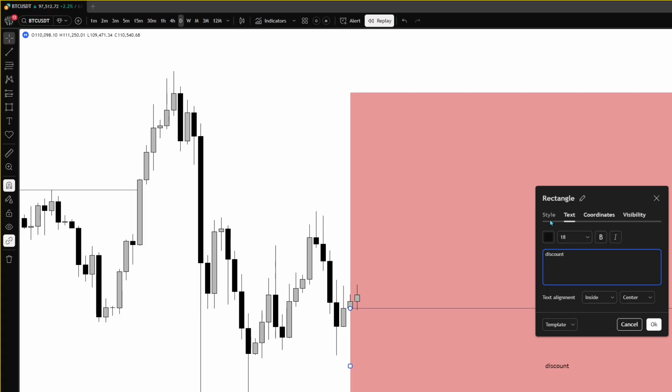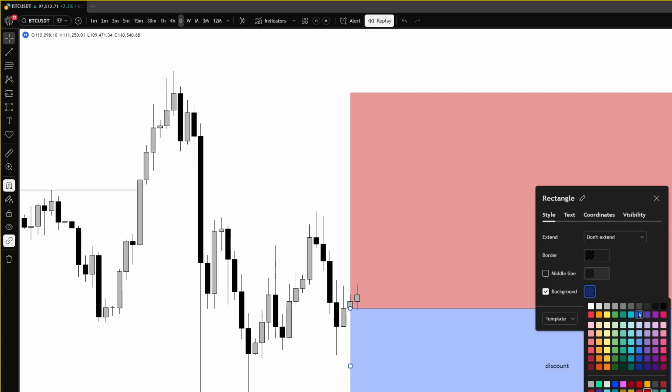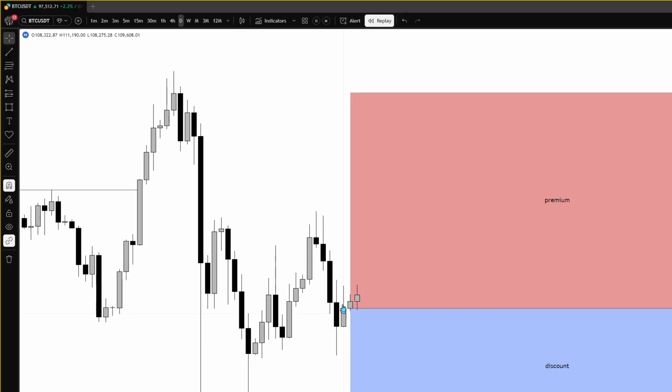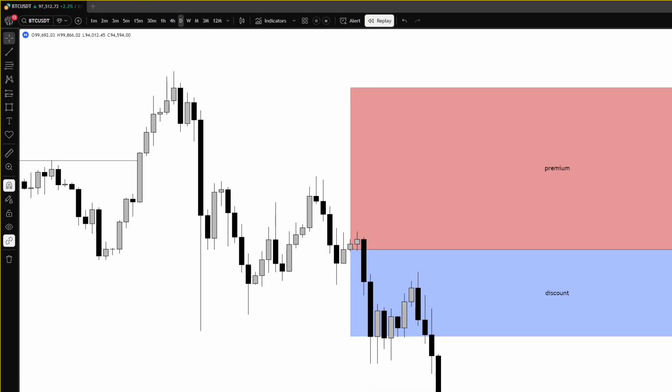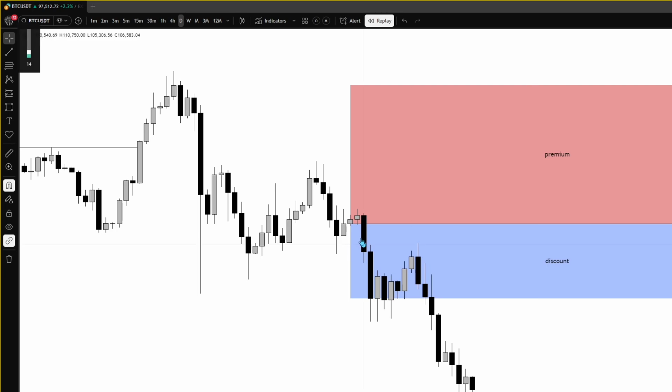You want to buy in a discount, not sell, right? So anything above here, I would be looking to go short. And as you can see, it offered very little in terms of, you know, that was our move. So like I said, anything in premium, that's what you want to be focused on.